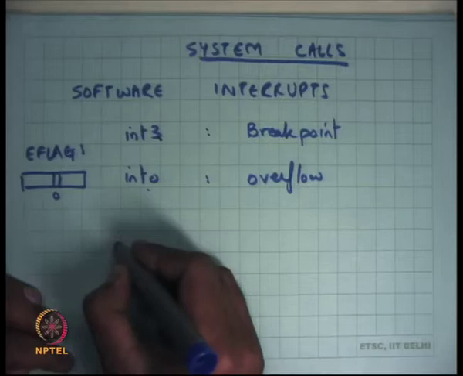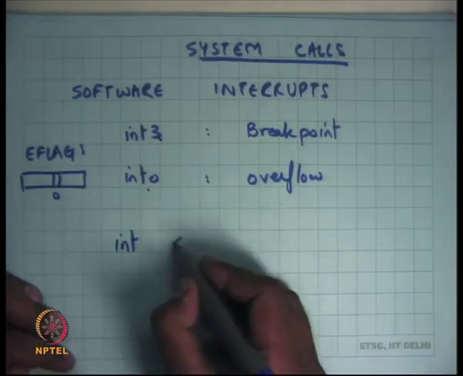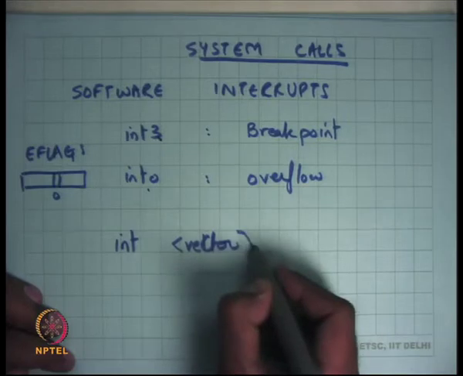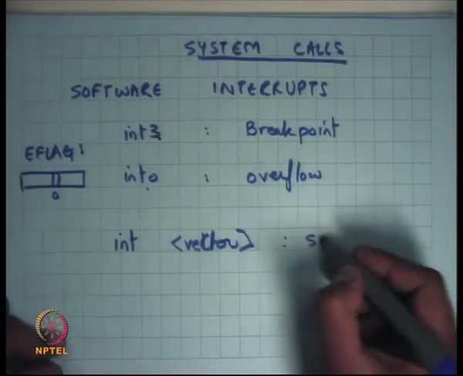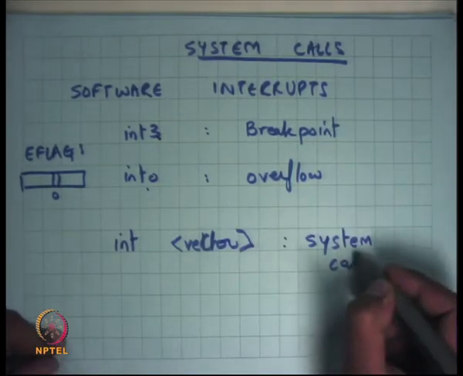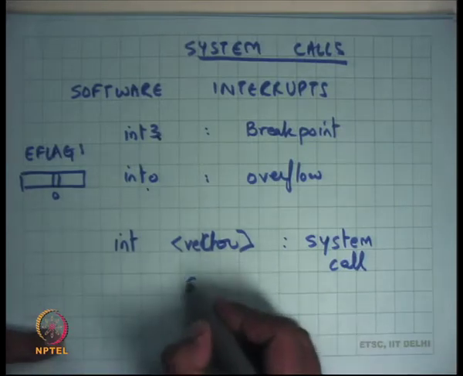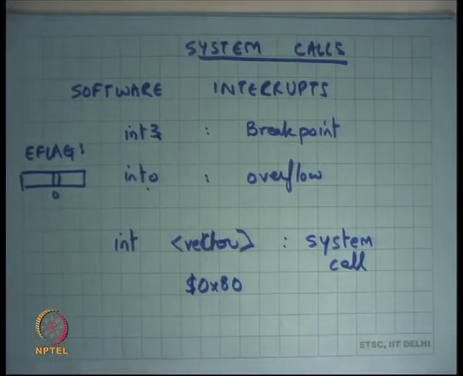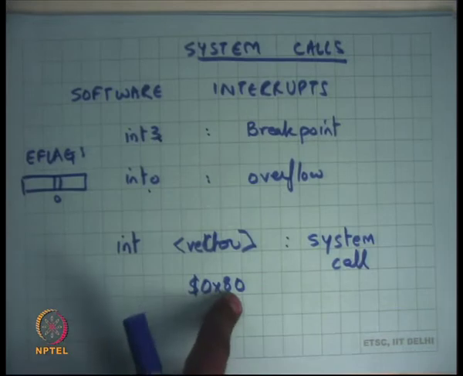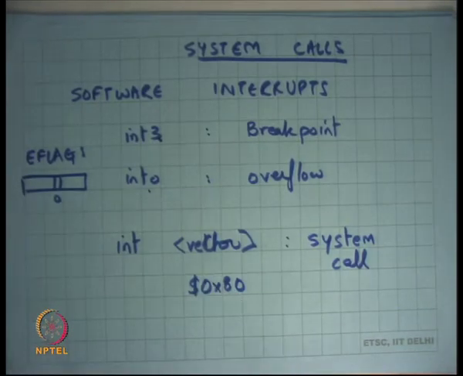And of course then there is the normal int instruction which can take any vector number, and this can basically say simulate this particular interrupt, right? And this is what we use for system calls. So for example, a particular vector number, let's say the Linux kernel had been using the number 128 or hexadecimal 80 to do the system call. So if a process makes int $0x80, it's going to simulate an interrupt at vector 0x80, and the handler at 0x80 is going to assume that a system call was made.